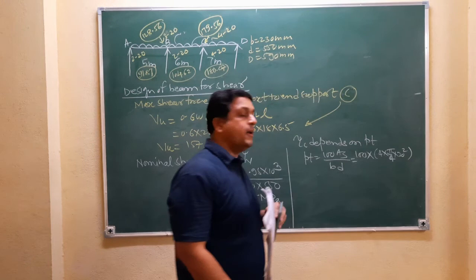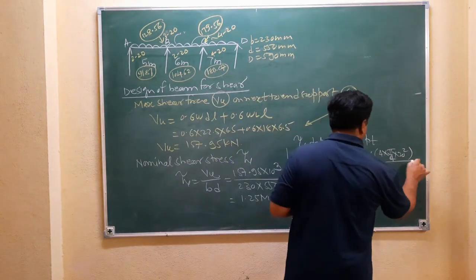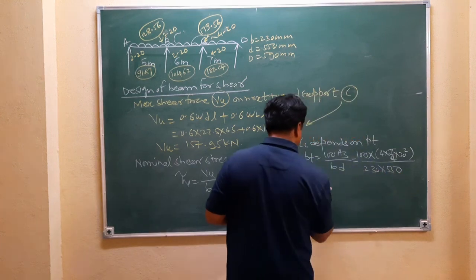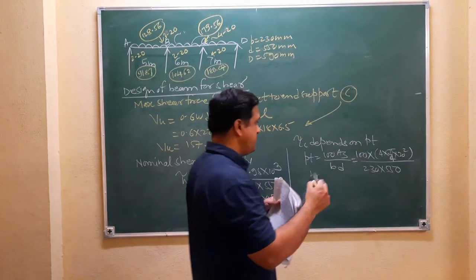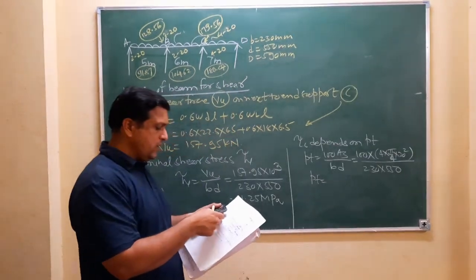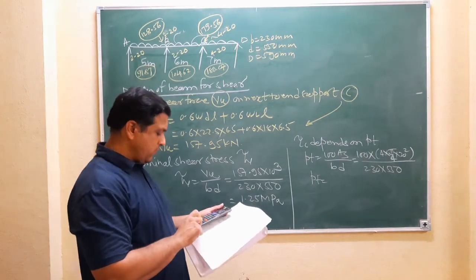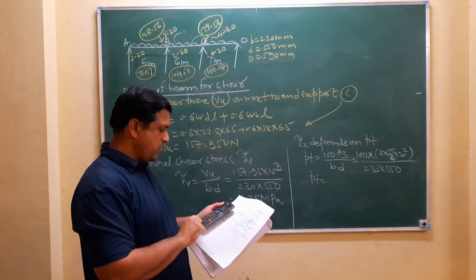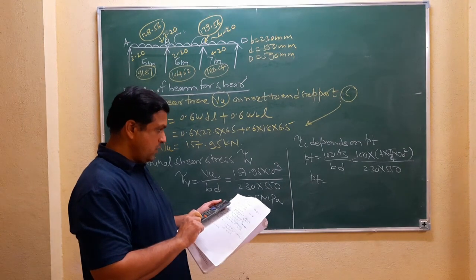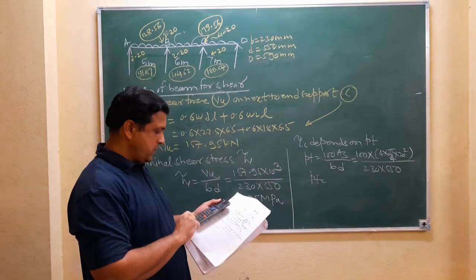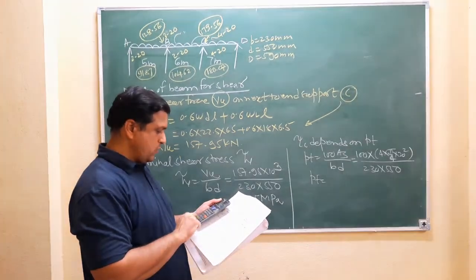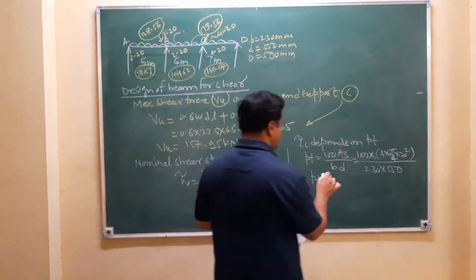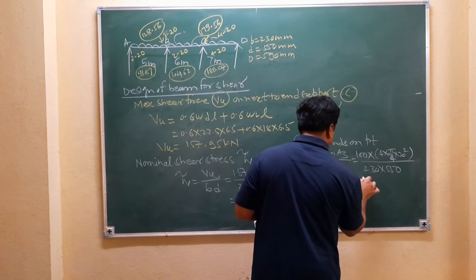The width is 230 and depth is 550. So pt is pi by 4 into 20 into 20 into 4 into 100 divided by 230 into 550. So it is 0.99.